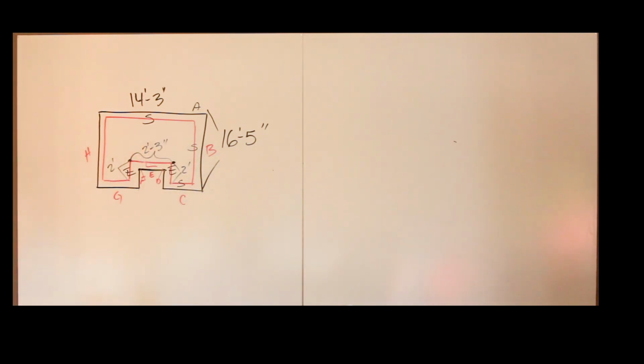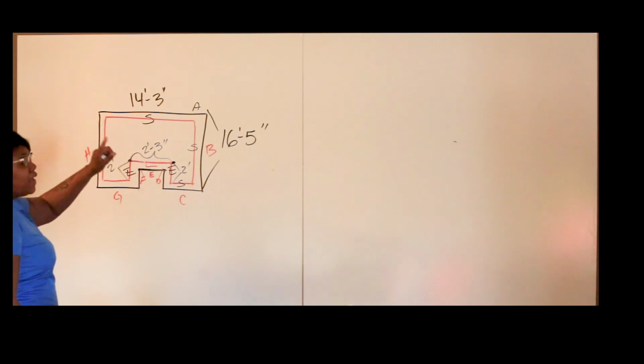All right. So now, if I wanted to find a perimeter of this room structure, I have enough information to find the perimeter. I don't need to know exterior perimeter.